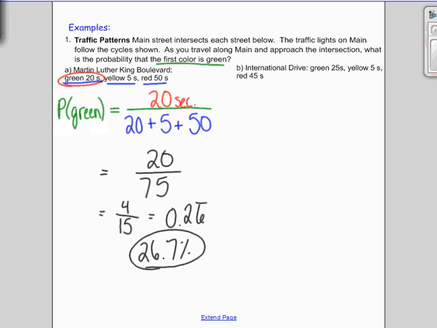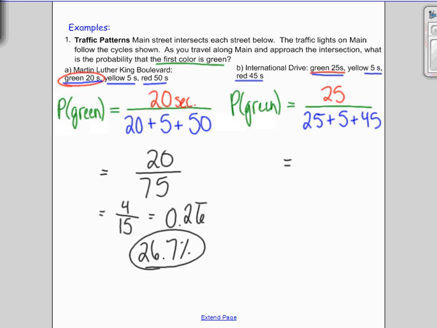Same thing here. We're finding the probability of it being green. So what I want is the time of it being green, which is now changed to 25 seconds, over the possible. So it could be green, it could be yellow, or it could be red. So 25 plus 5 plus 45.